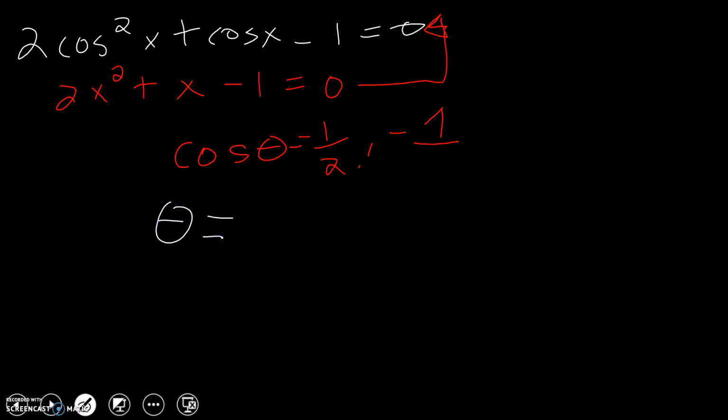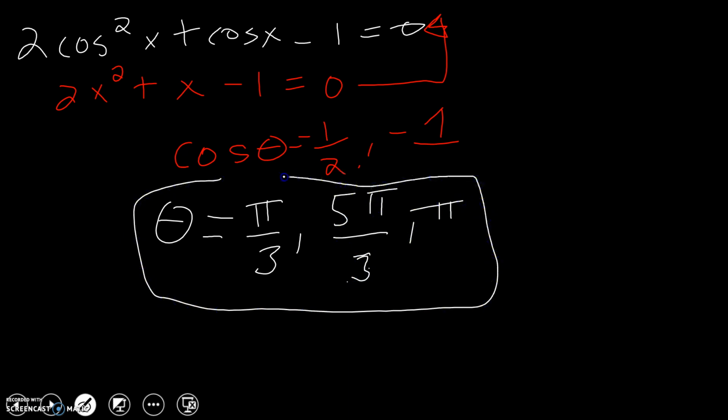So theta is going to be equal to pi over 3, 5 pi over 3, and pi. Alright, boom, that's my answer. Moving on.